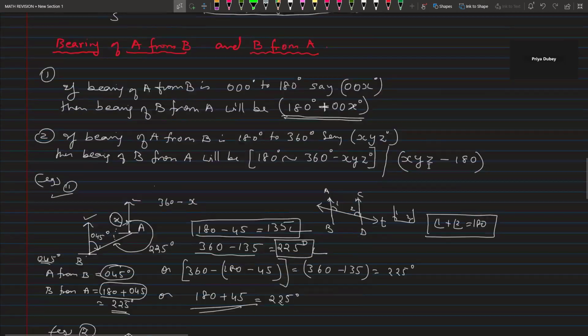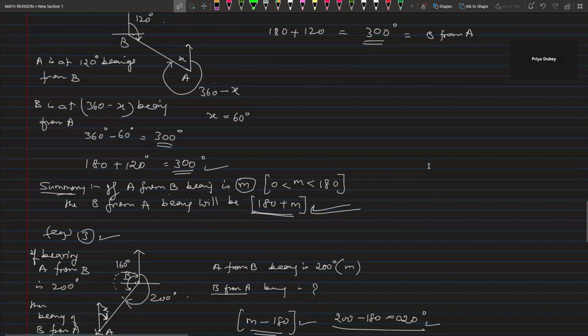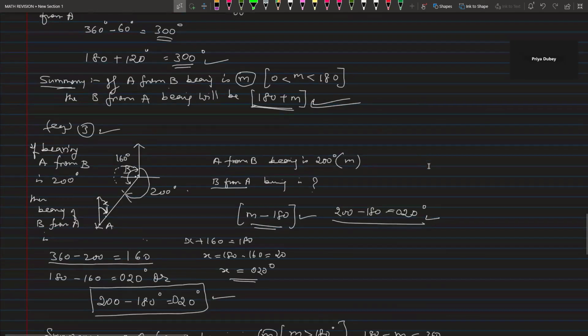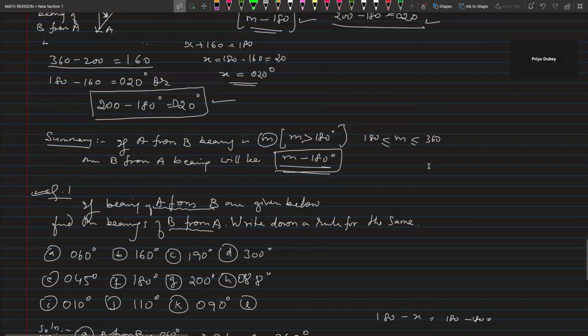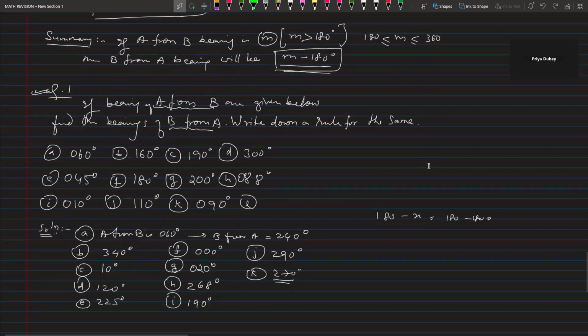So I think you must have understood the concept of bearing very nicely today. This is the very basic of bearing, which many students don't know exactly. And moreover, they start using this bearing concept for other questions, like questions where two towns A, B, C are located at a distance so and so, in which we only have to use bearing.